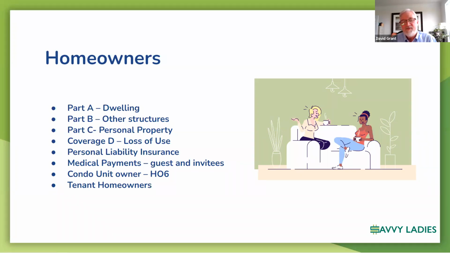Is it masonry? Does it have a metal roof? Does it have a shingled roof? And all that information goes into a computer program based on square footage and the type of construction to give what we call a costimator. This is the value to replace the home.